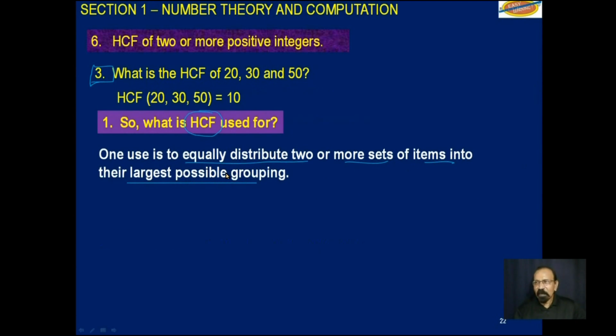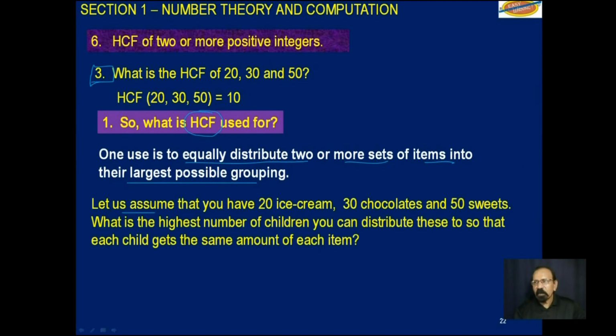So let's look at an example. Let's assume that you have 20 ice cream, 30 chocolates, and 50 sweets. What is the highest number of children you can distribute these to so that each child gets the same amount of each item and they wouldn't fight saying that one gets more than me?